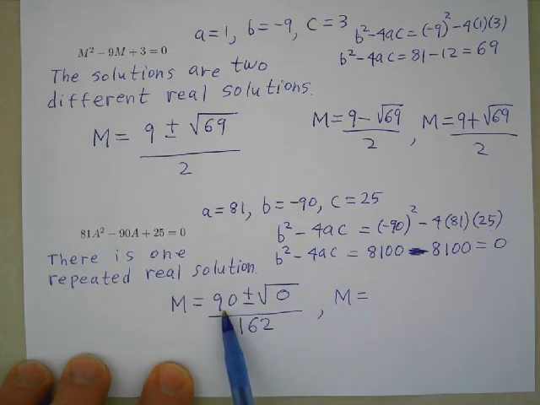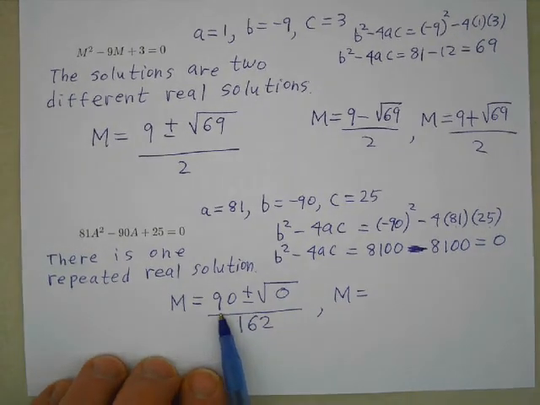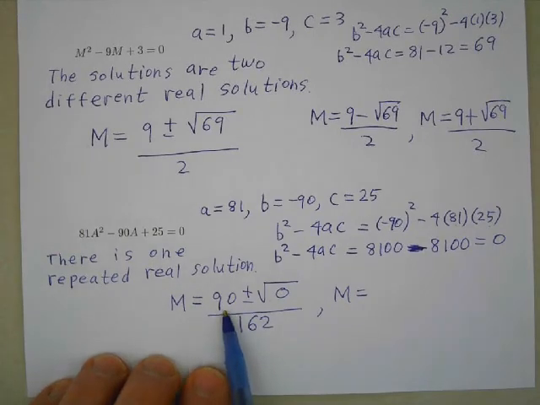And we can write this in lower terms. 18 divides into both 90 and 162.